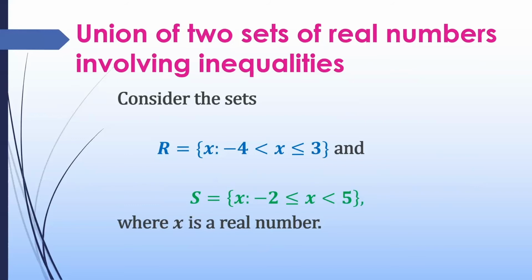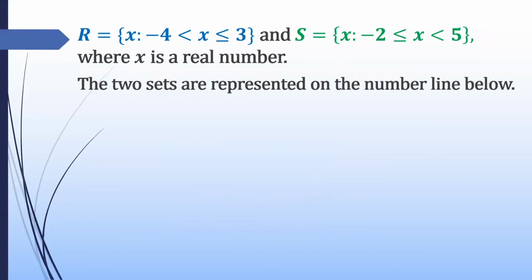Consider the sets R and S. So I have my set R, X such that X lies between -4 and 3. 3 is included, and S, X lies between -2 and 5, and here -2 is included. Remember, X is a real number.